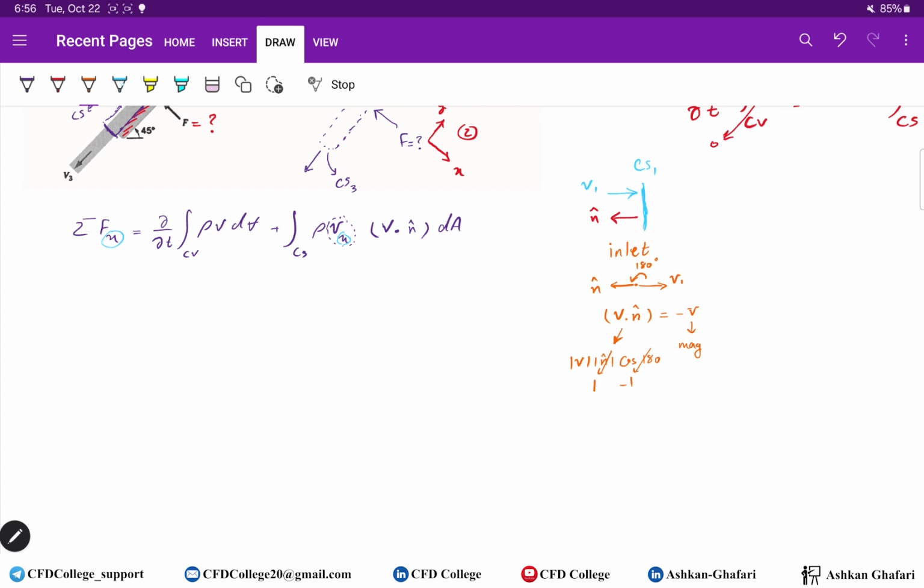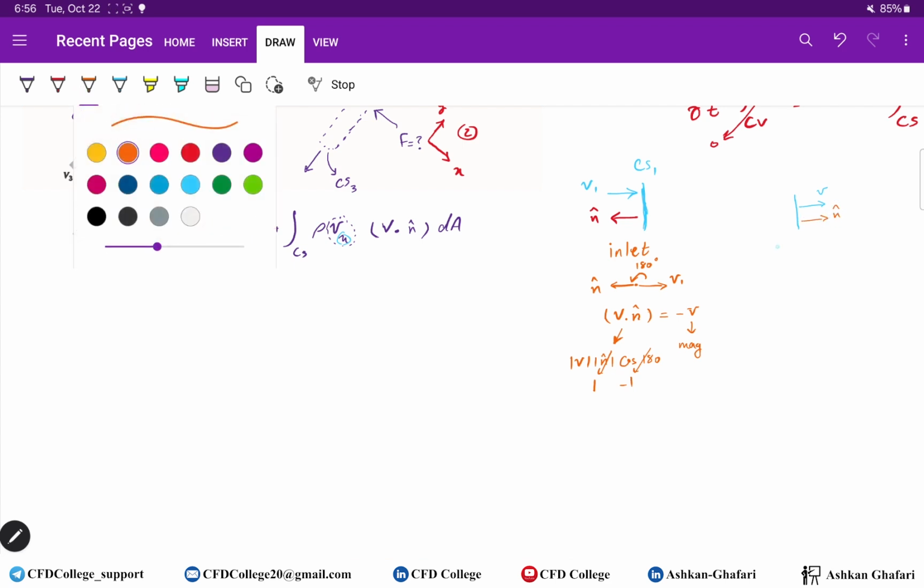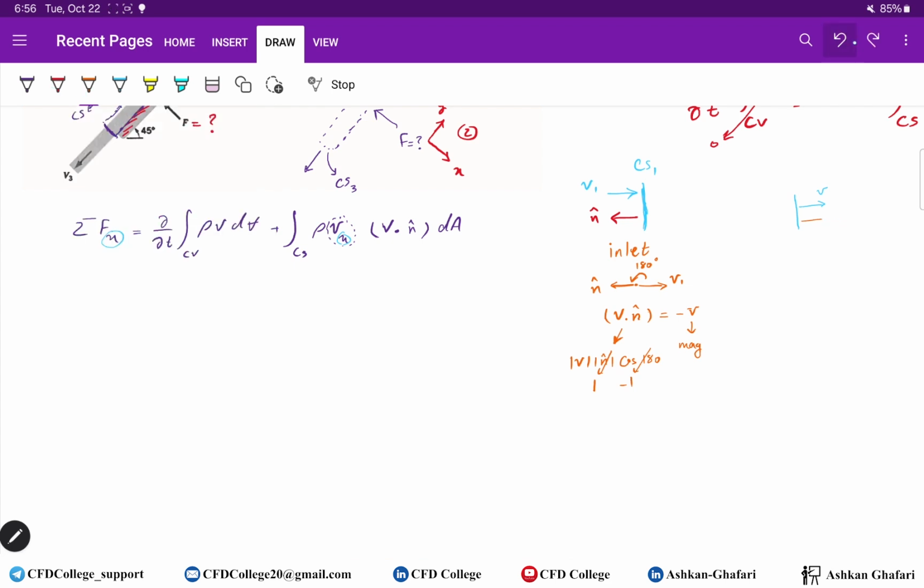And for the outlet, this is V, for example, and this is N. They are parallel.